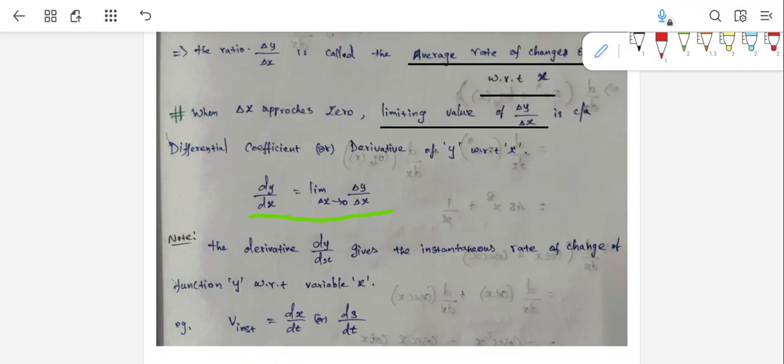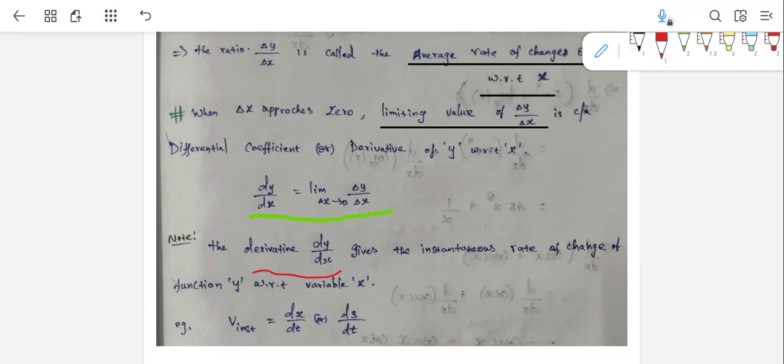It's the instantaneous rate of change, guys, meaning at a particular time or at a particular point, what is the rate of change of y with respect to x. That is what dy by dx is. You can even define differentiation like this also.